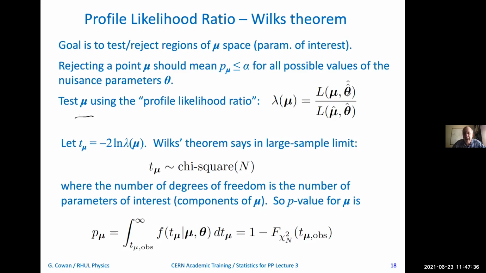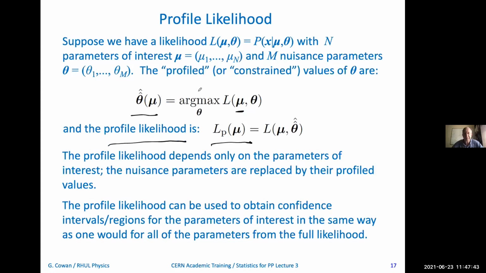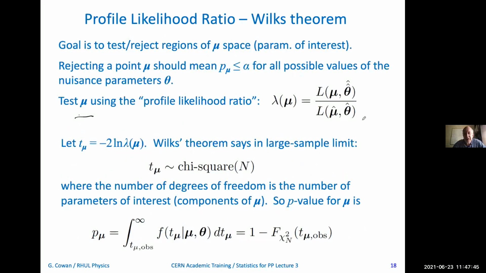So theta double hat here refers to theta double hat of mu, as I've defined here. And in the denominator, I put the maximum of the likelihood function. So the single hats refer to the maximum likelihood estimators. So this so-called profile likelihood ratio is the generalized version of the likelihood ratio that we talked about 10 minutes ago, but now the nuisance parameters are treated in this particular way.